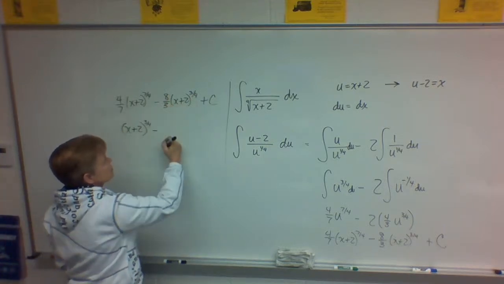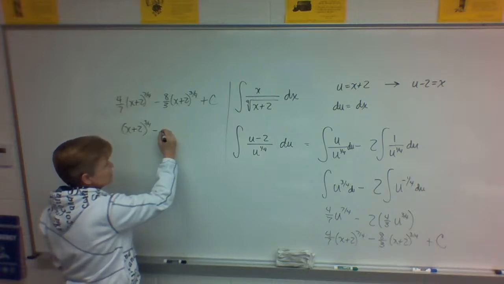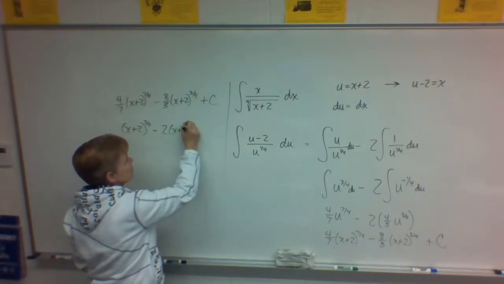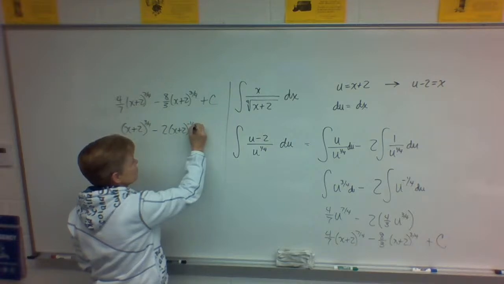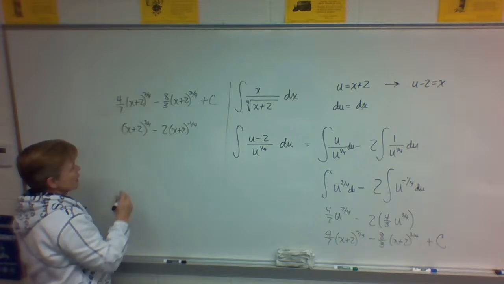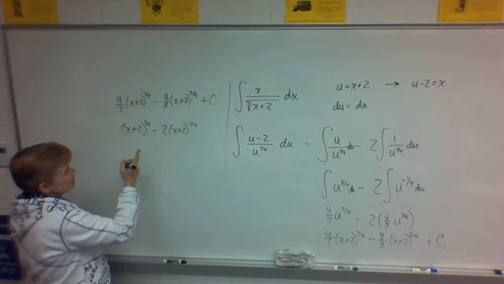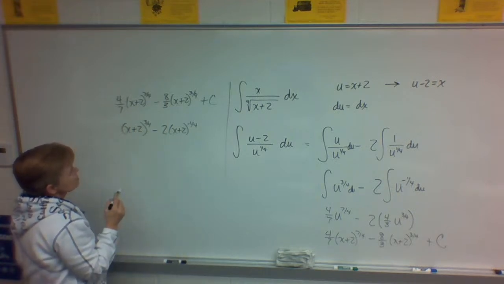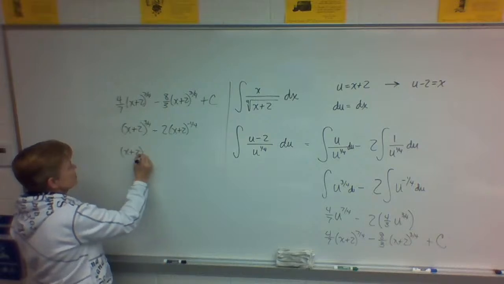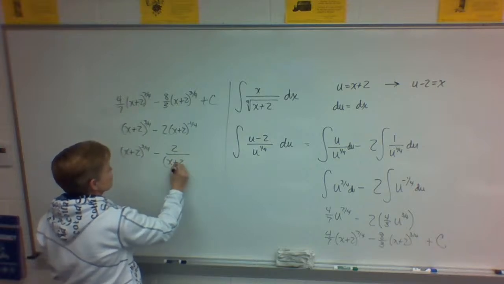Minus, what's this times this? 2, isn't it? 2 times (x plus 2) to the negative 1/4, and the derivative of that is 0. I've got my derivative done, so now I've just gotta turn it into that. So this would be (x plus 2) to the 3/4 minus 2 over (x plus 2) to the 1/4.